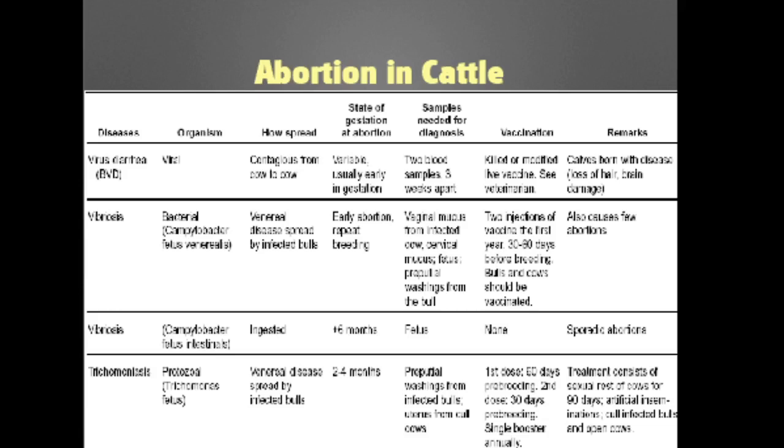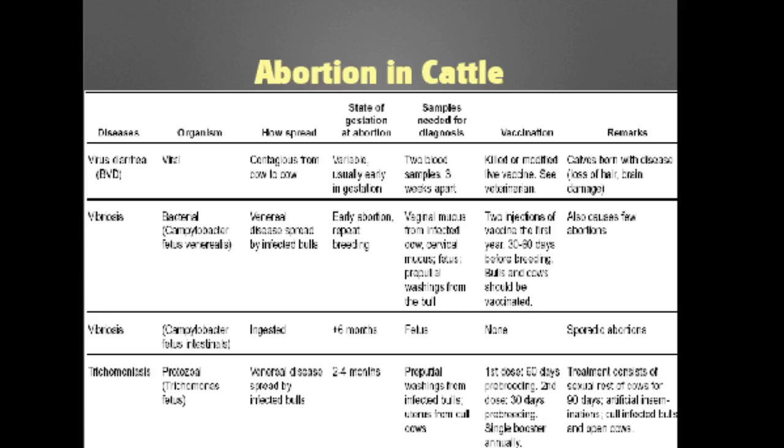What we collect is vaginal mucus from infected cows, cervical mucus, fetuses, and also preputial washings from the bull. What we do is provide 2 injections of the vaccine. In the first year, that would be 30 to 60 days before breeding. Bulls and cows should be vaccinated.